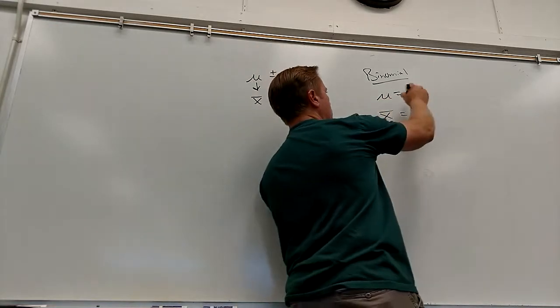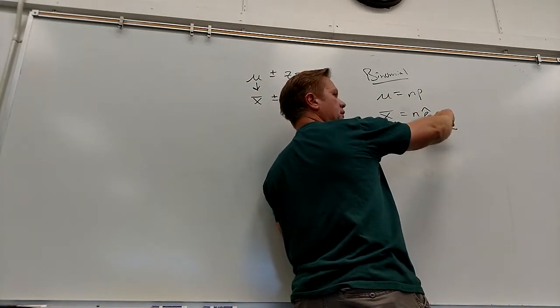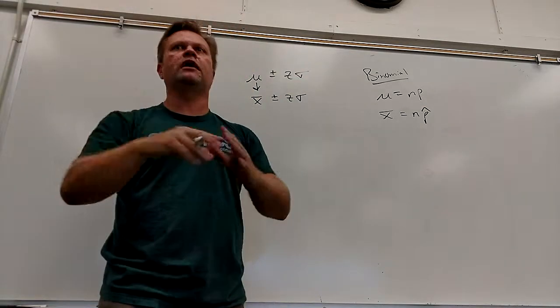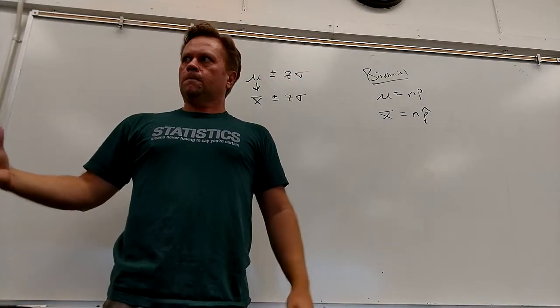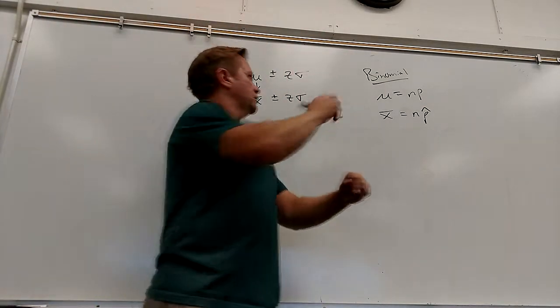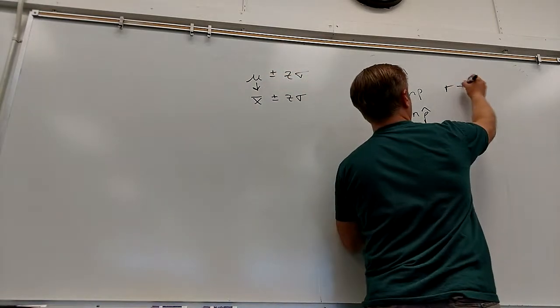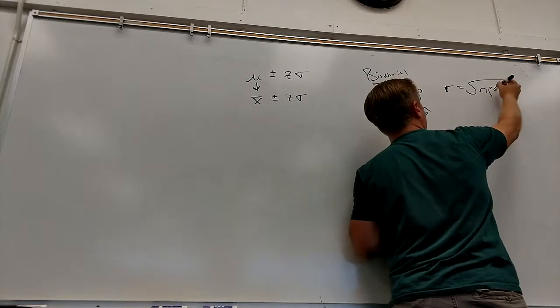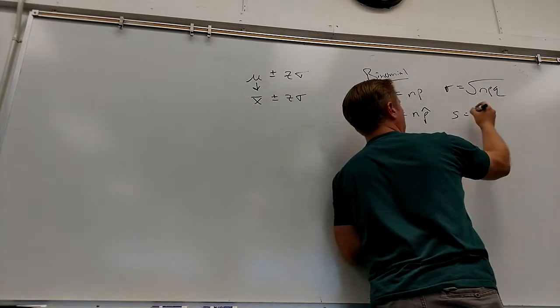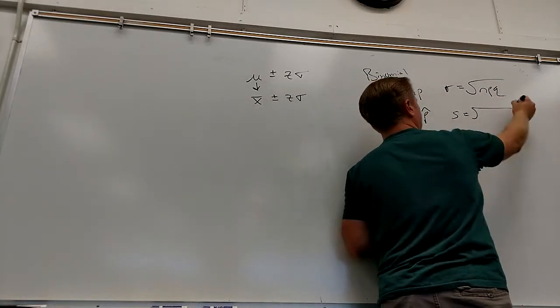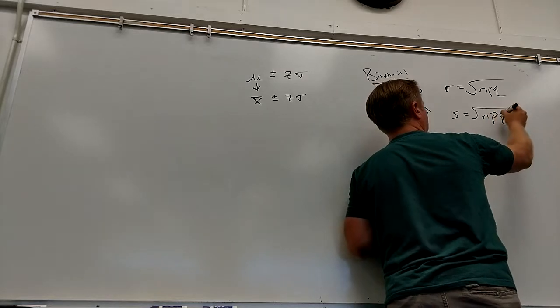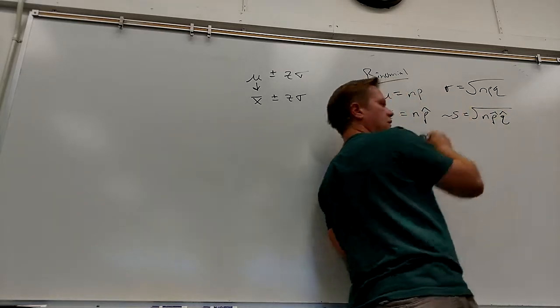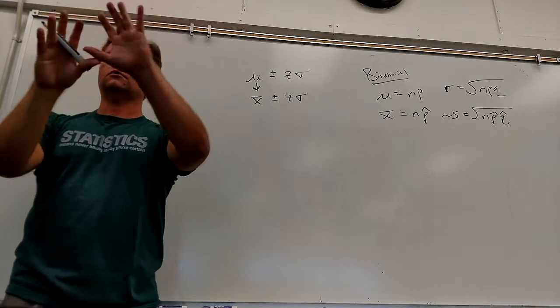The only difference between these two is this percentage is from a sample, not from a population. And remind me, what was sigma for a binomial? NPQ. So now S is going to be N P hat Q hat, sort of, right? Let's just say sort of S. All right.